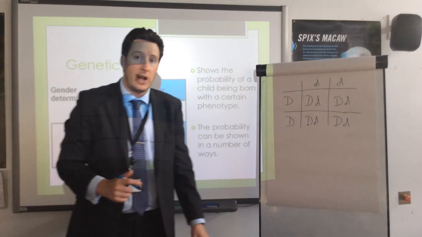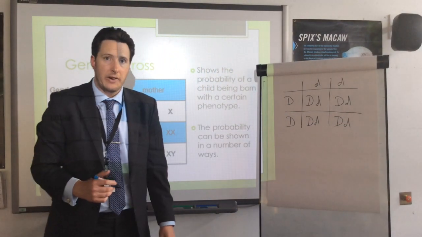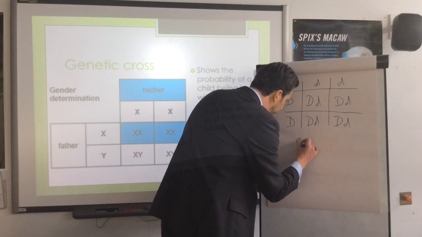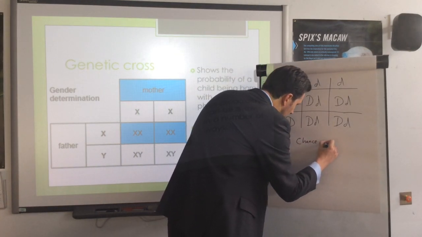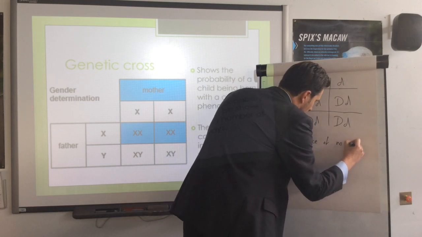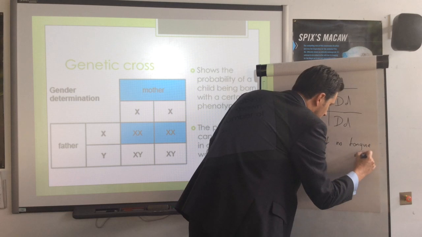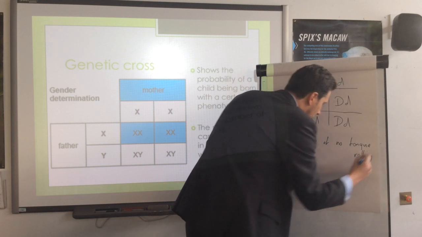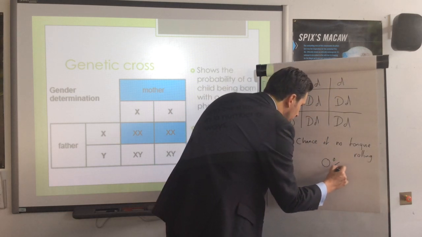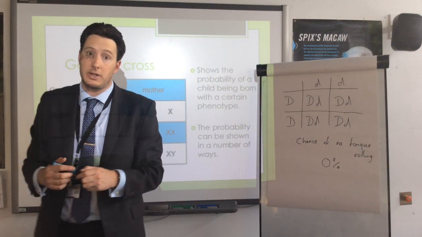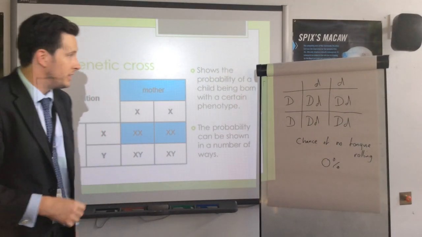So all of them will have the dominant characteristic. The chance of no tongue rolling, unfortunately for these people, is going to be 0%, because all of the combinations have the dominant characteristic or the dominant gene in there.